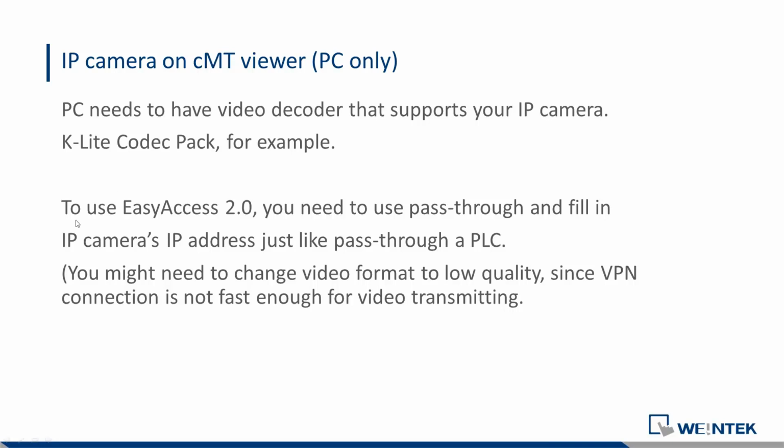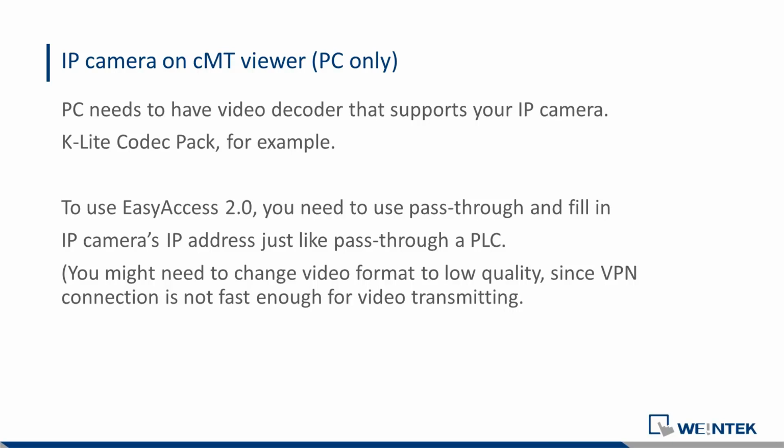The second part is that because the IP camera is using a local IP, if you want to use Easy Access 2.0 to view the IP camera through the HMI, you need to use Ethernet pass-through and fill in the IP camera's address. Just like when you are using Easy Access to pass through to a PLC, you need to put the IP address here.